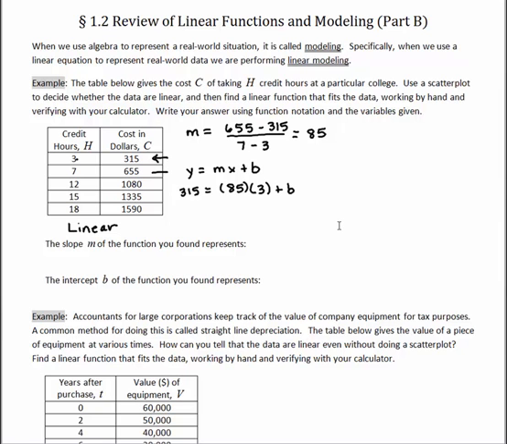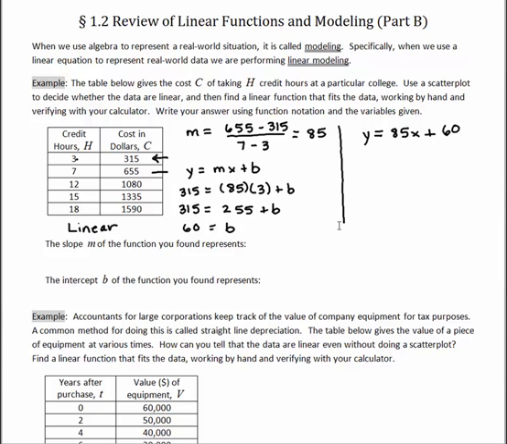Again, just going ahead and doing the calculation, I get 315 equals 255 plus b, so b turns out to be 60. All right, my equation then is y equals m, which is 85, x, plus b, which is 60.